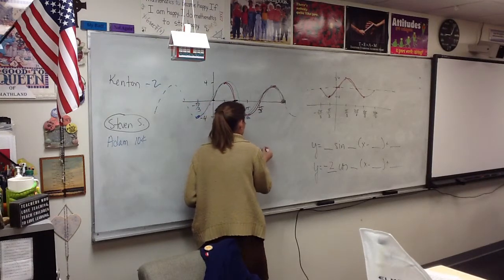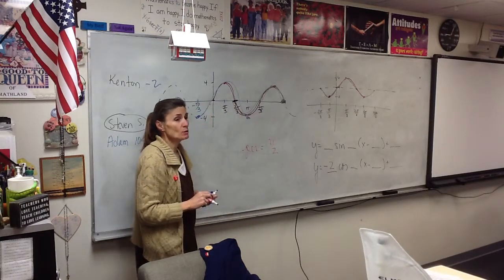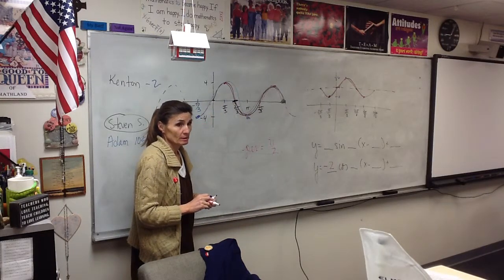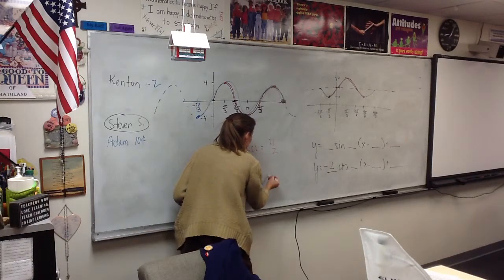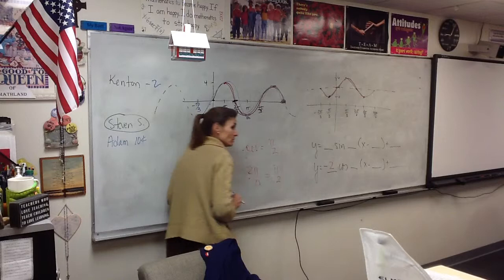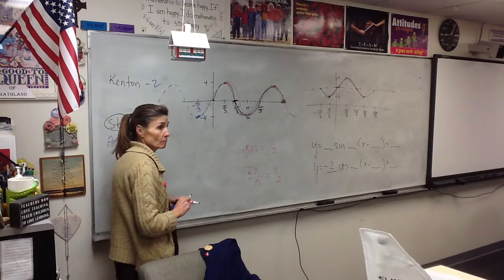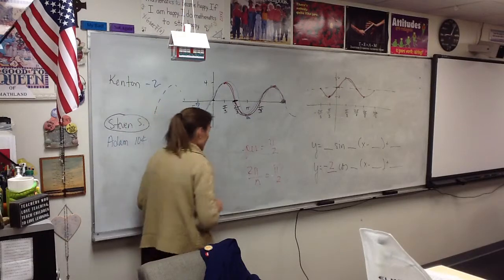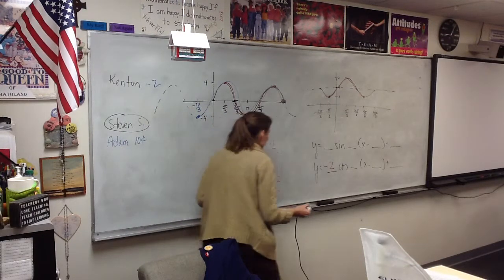So the period is pi over 2. What's the period supposed to be? 2 pi. So 2 pi has been divided by something to get pi over 2. So what does that have to be? 4.